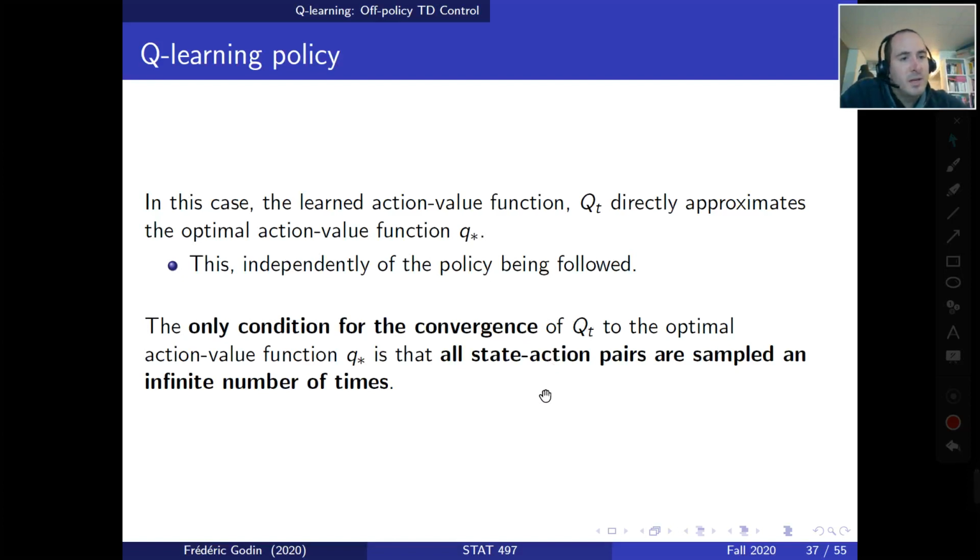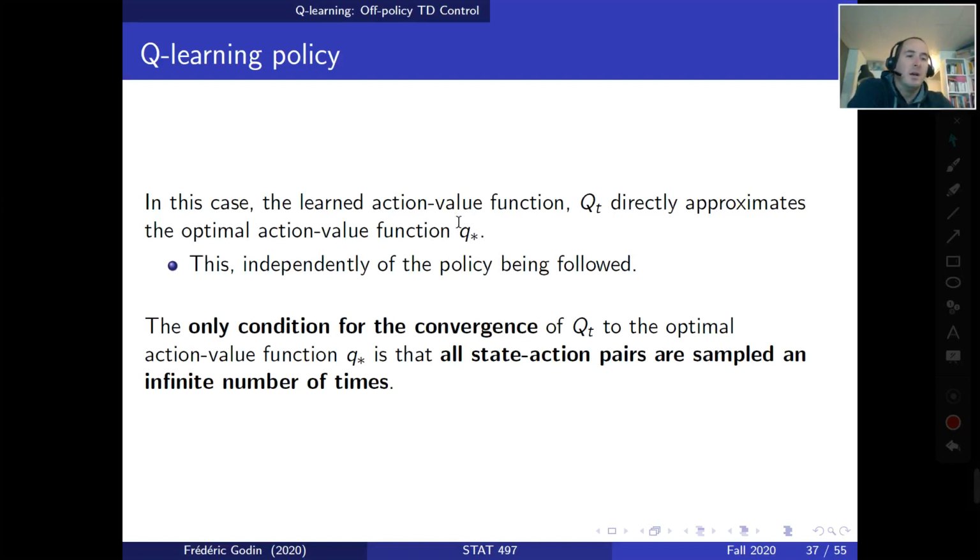So in that case, Q_t, instead of approximating the current policy value function, directly estimates the optimal value function Q star. Whatever behavior policy you choose, your estimate Q_t will converge to the optimal action value function, the action value function of the optimal policy.